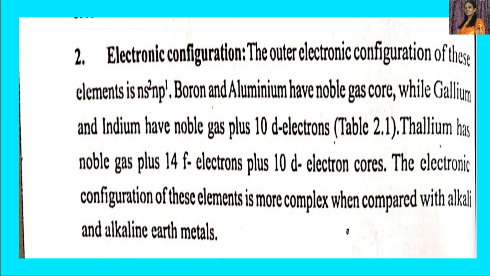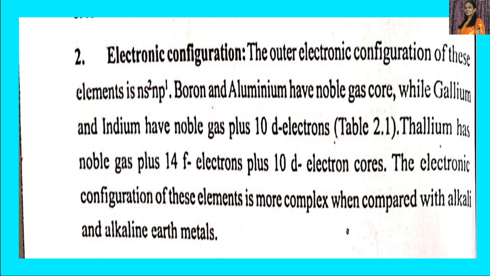Thallium has noble gas plus 14 f electrons plus 10 d electrons. The 10 d electrons are present in the (n minus 1)th shell, and the 14 f electrons are present in the (n minus 2)th shell. So the electronic configuration of these elements is more complex.